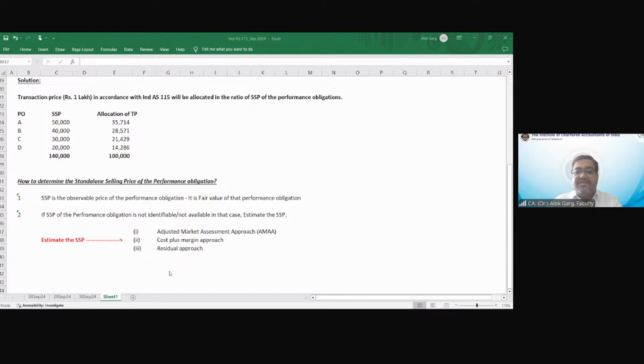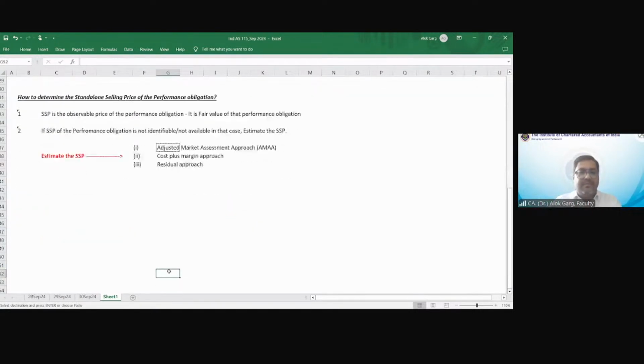Adjusted market assessment approach. Shall I write an example of this?